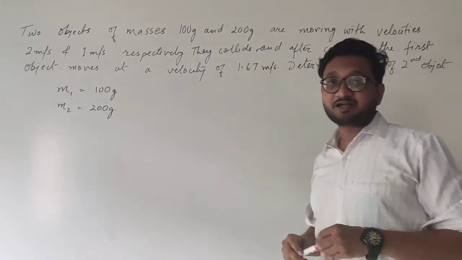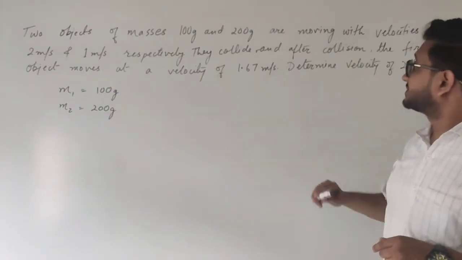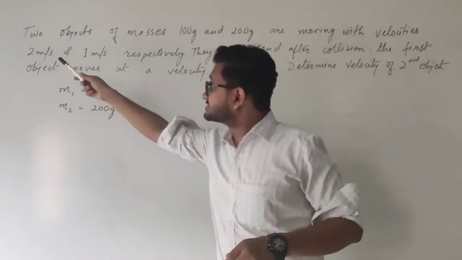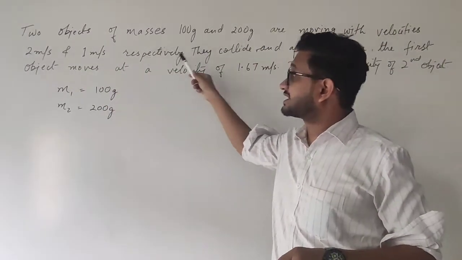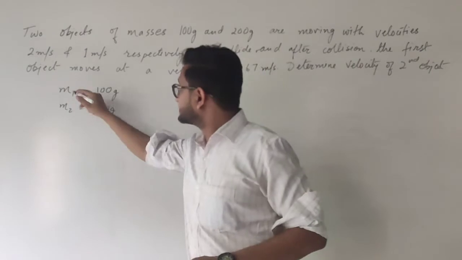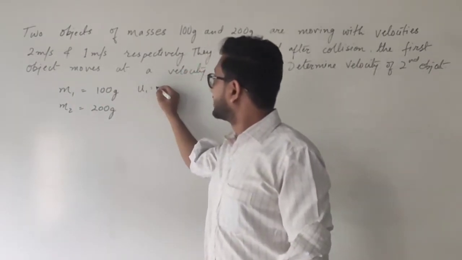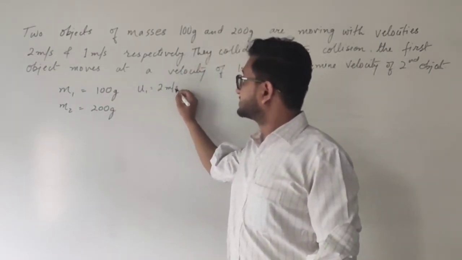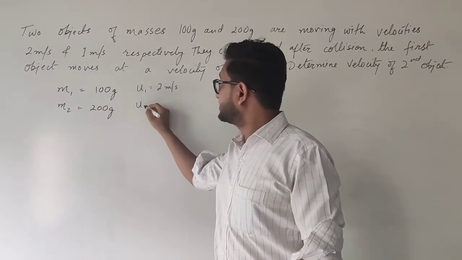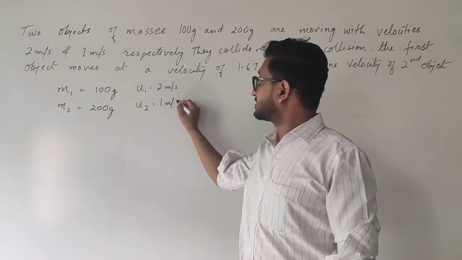And the next statement states that they have the velocities 2 meters per second and 1 meters per second respectively. That means the first one has the velocity u1 as 2 meters per second and the second one velocity u2 as 1 meters per second.